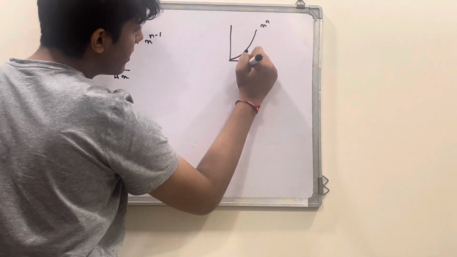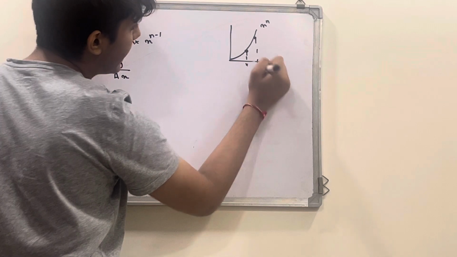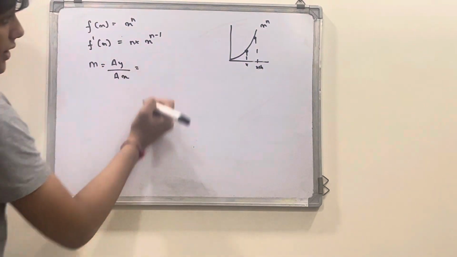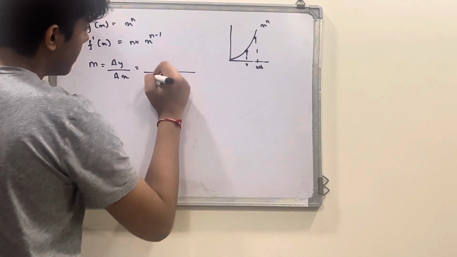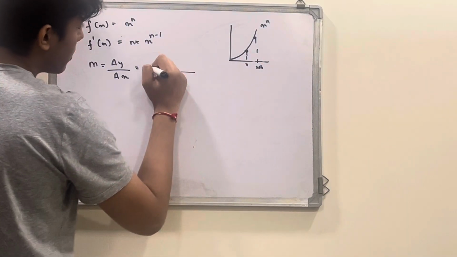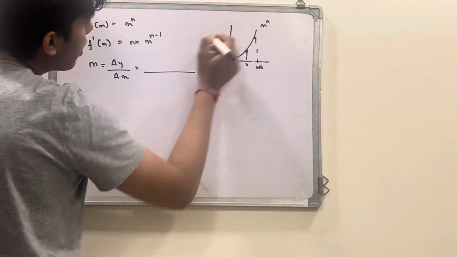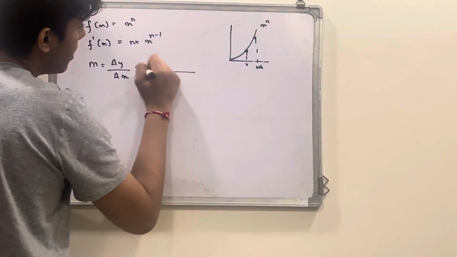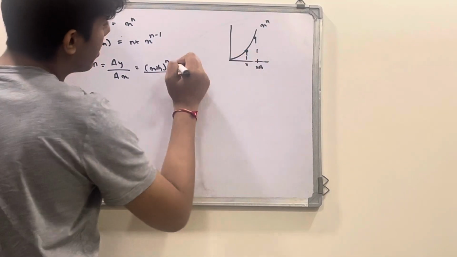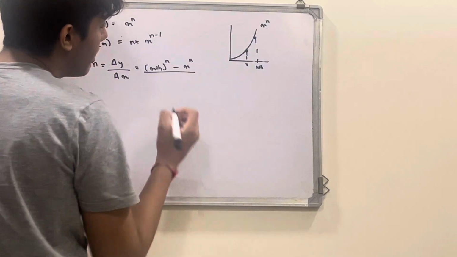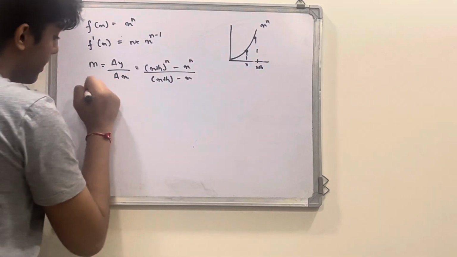This is x and this is x plus h. Can I find the gradient between these 2 points? The point x plus h has y coordinate x plus h the whole to the power n, and the point x has y coordinate x to the power n, divided by x plus h minus x.